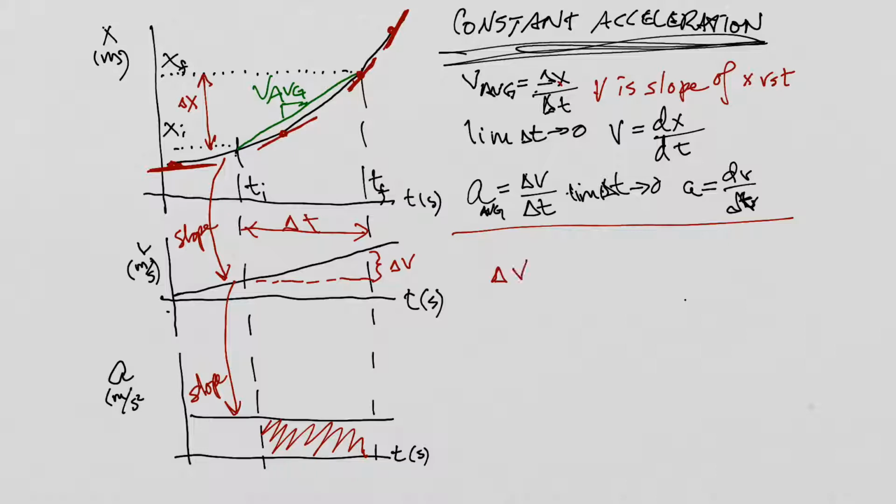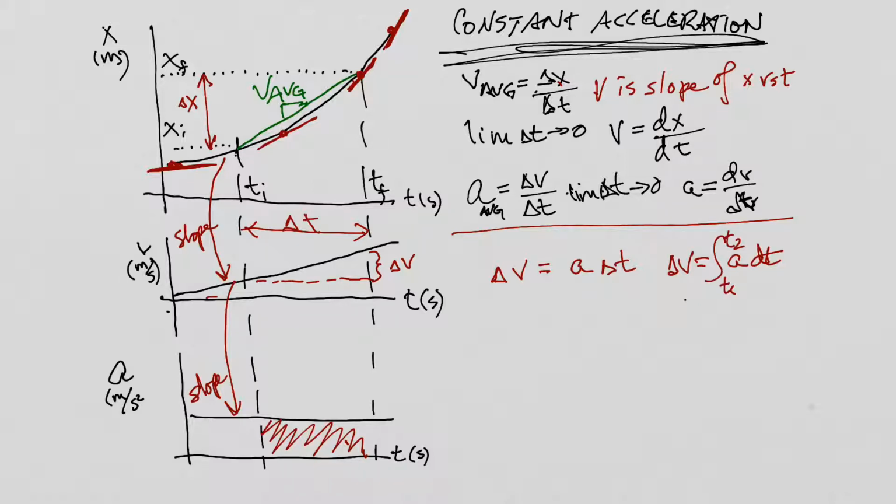So delta v equals a delta t, or if we're looking at this over a curve, then we integrate, so the change in velocity equals the integral from t1 to t2 of a dt. That will map this area under the acceleration curve up into the velocity.